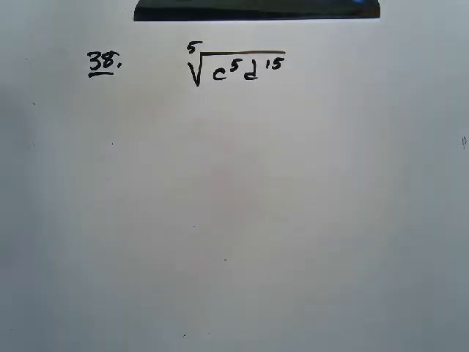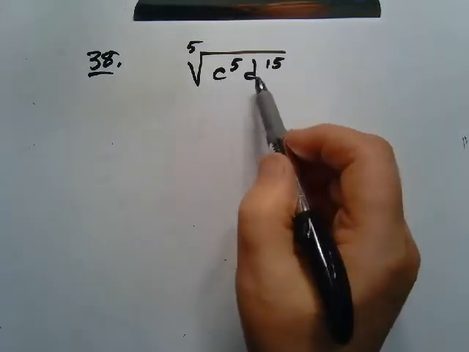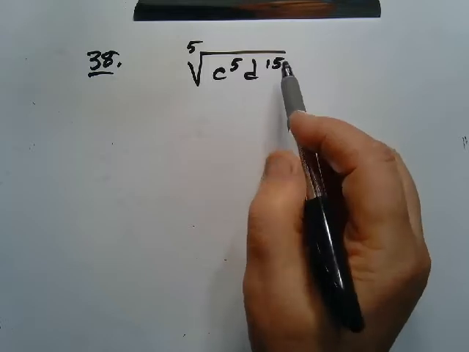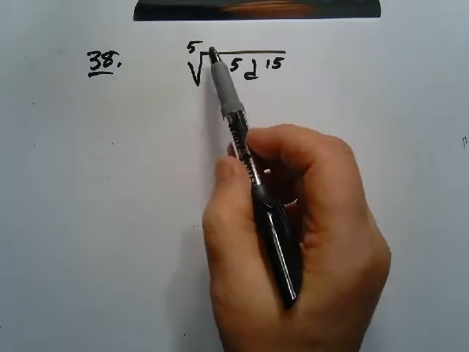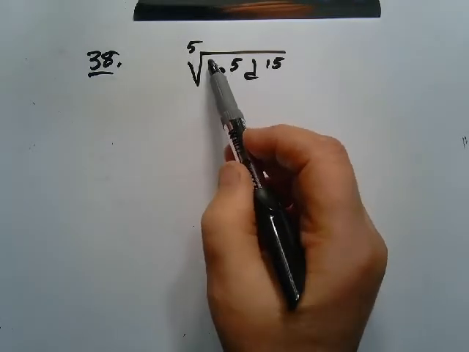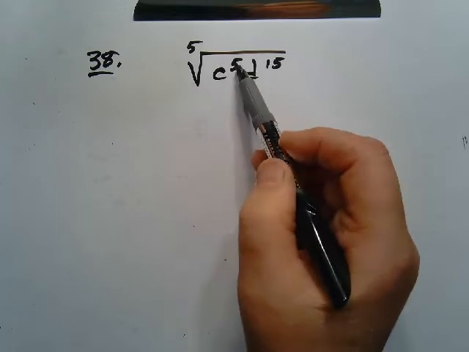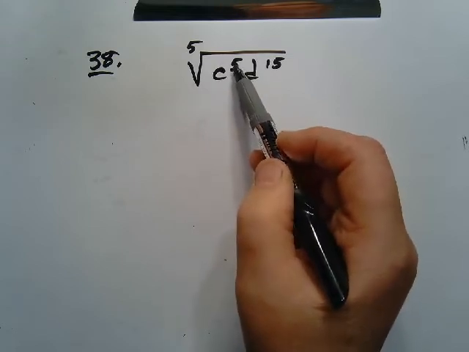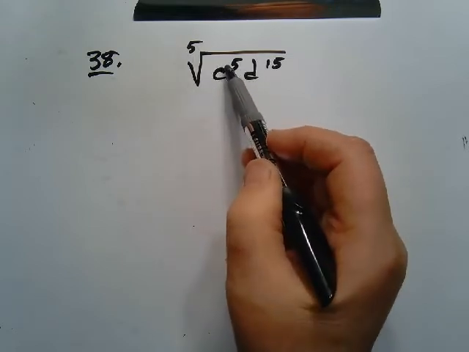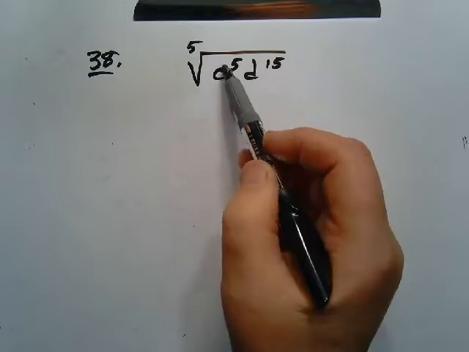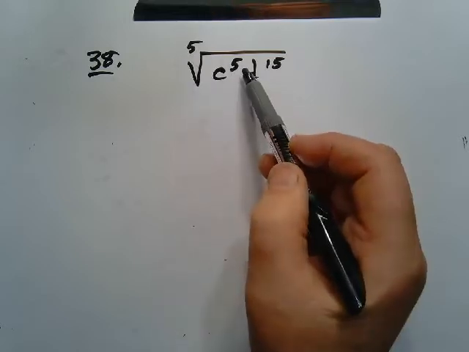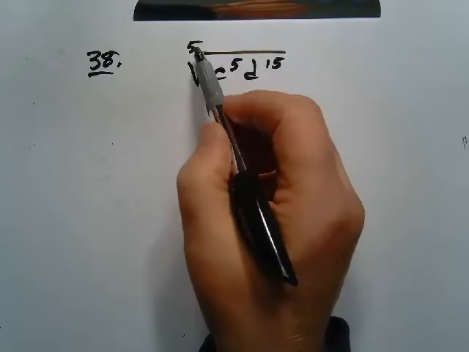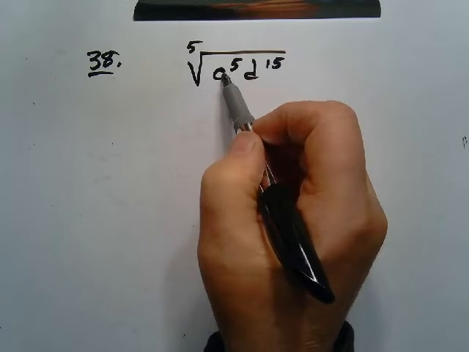All right, let's take a look at this one. This is asking for the 5th root of something. Well, if you recall, powers of powers tells us that when we raise something to a power, we multiply the exponents, but when we take a root of a power, we divide the exponents. So what can I multiply together 5 times to get c to the 5th?